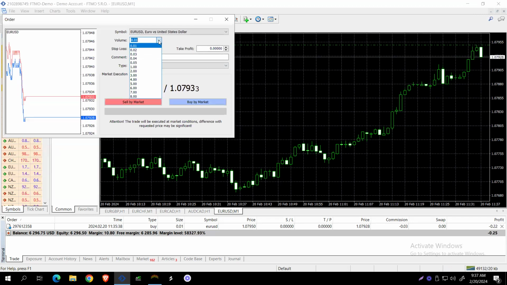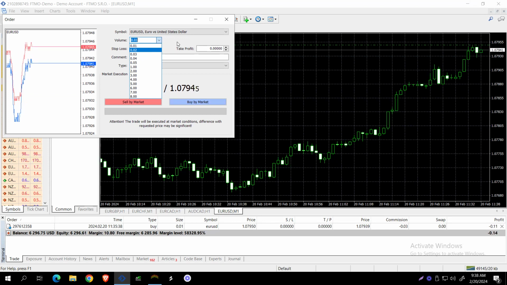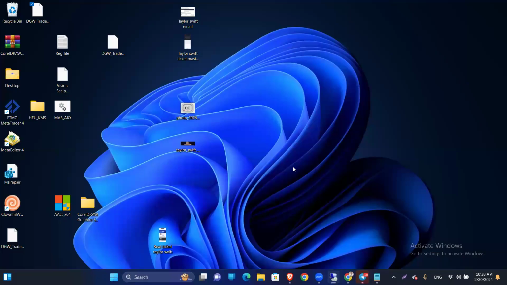The reason you did not see me put an amount is because this volume is related to how much I'm willing to put in this trade. When I was opening this account, there is something called lots. The lot is a configuration of how much you are willing to stake each time you place a trade.